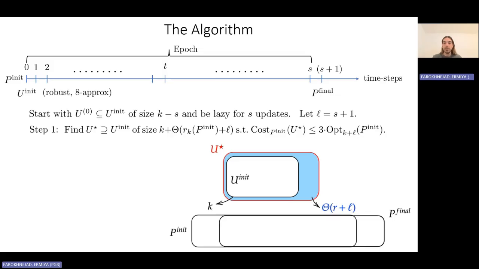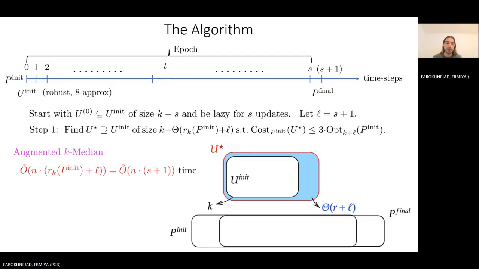Now, what to do at the end of the epoch? Recall that step 1 is to insert redundancy plus L many centers into solution U init. How to find this U star? We can find a constant approximation of U star using augmented k-median, because augmented k-median is trying to insert some points into U init.